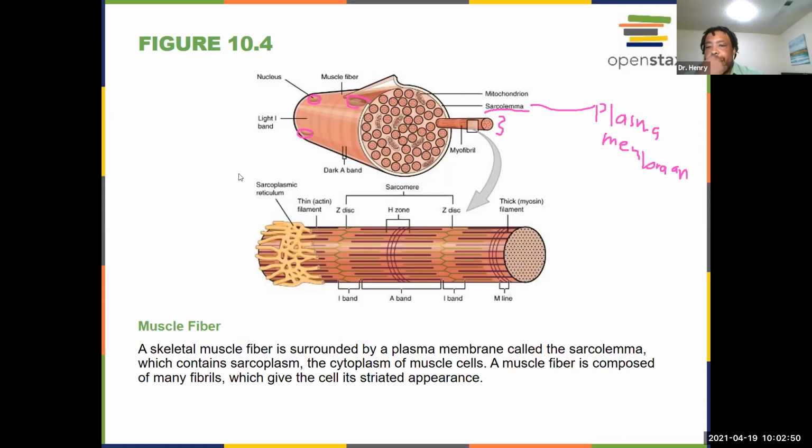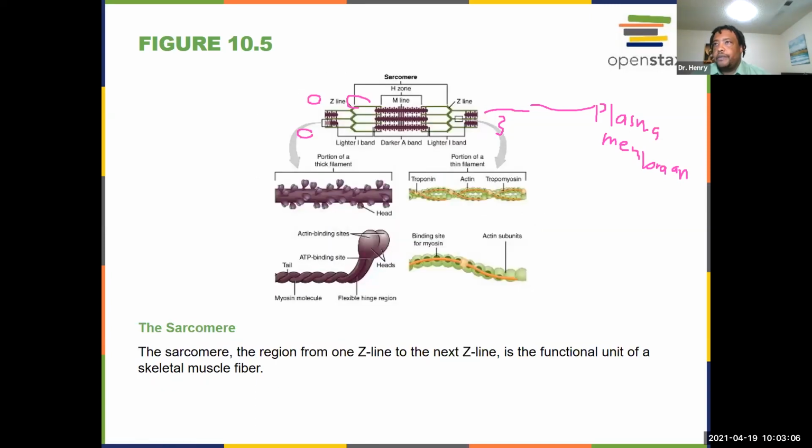Okay, so let's talk about the sarcomere. The sarcomere, like I said, is going to be composed of actin and myosin.